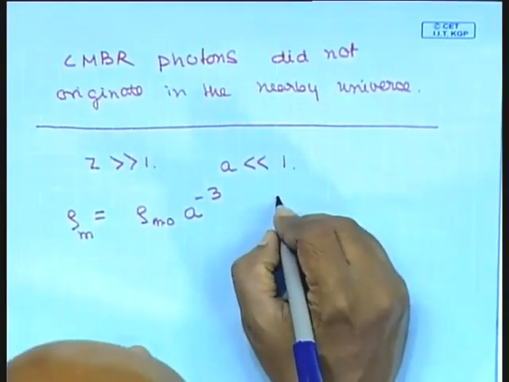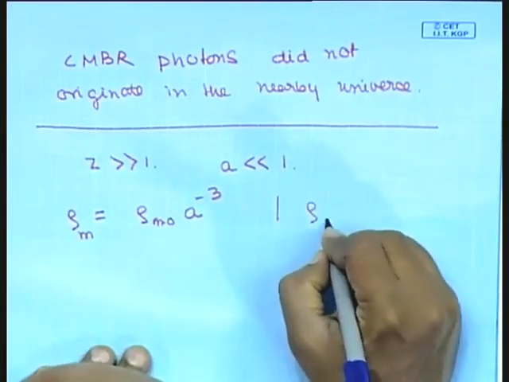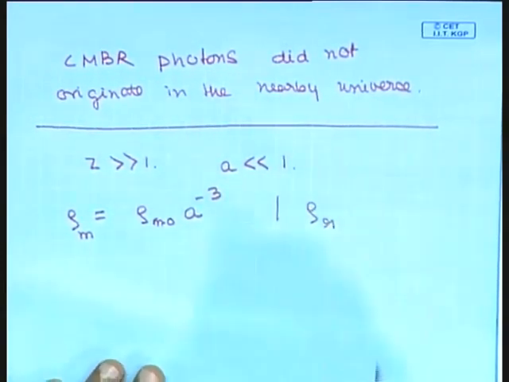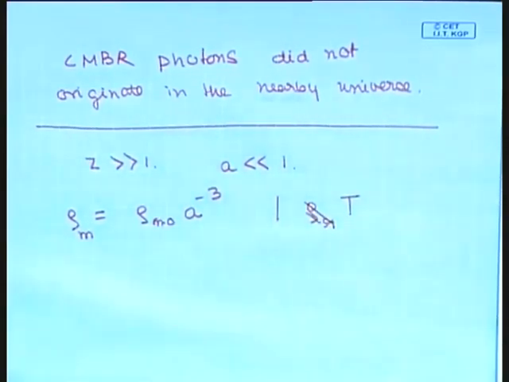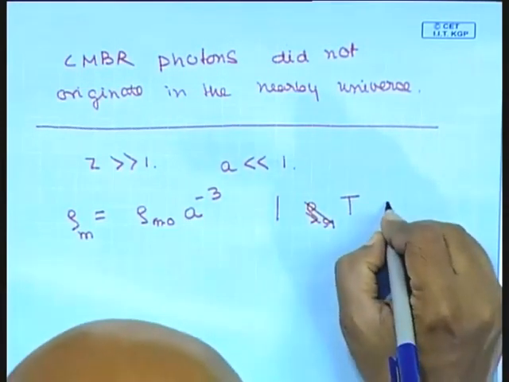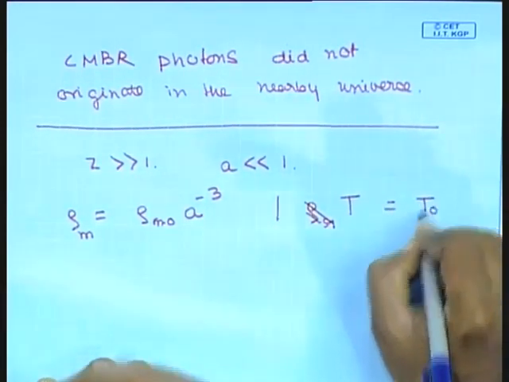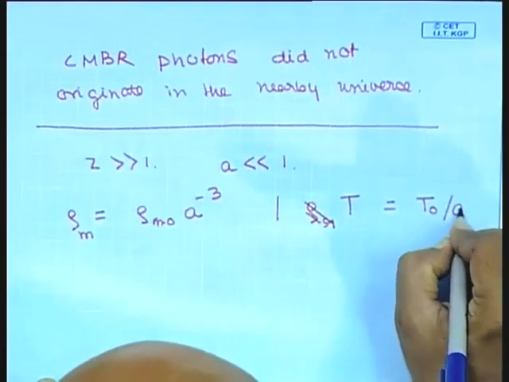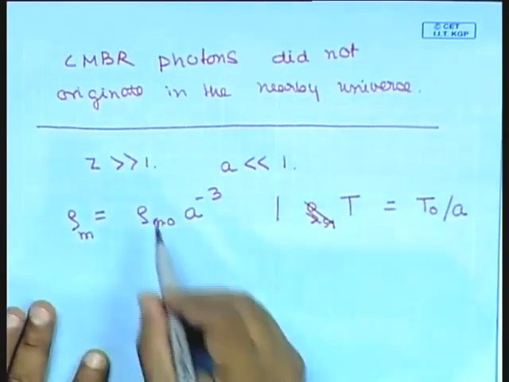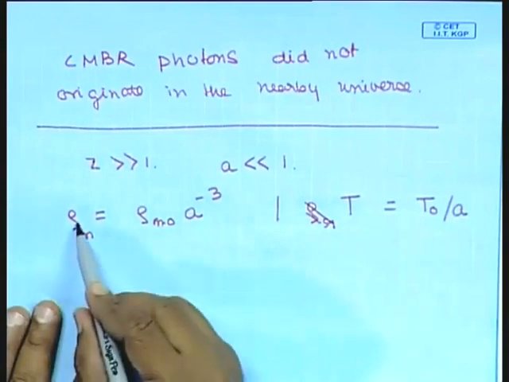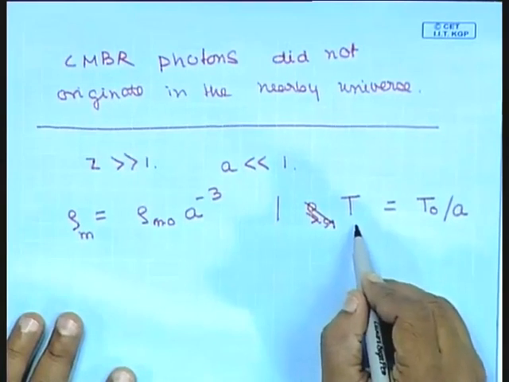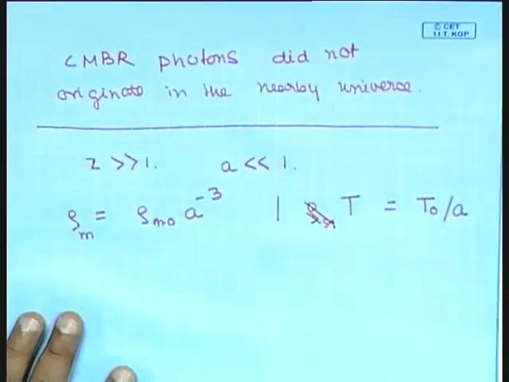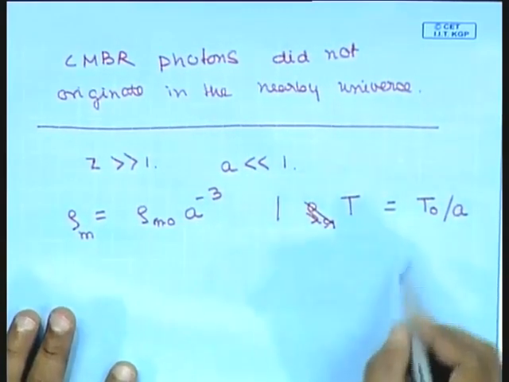The radiation density, or the temperature of the radiation, we have briefly discussed this, we shall discuss it again, also scales as the present temperature by a. So in the high redshift universe, the density of matter was much larger. The temperature of the CMBR, temperature into scale factor is a constant, which we have seen by looking at the energy density.